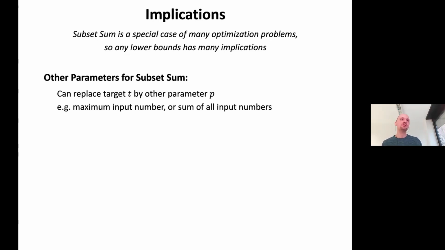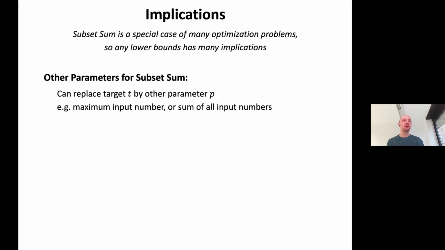For example, you can just look at other parameters for the subset sum problem. Other parameters that make sense are, for example, the maximum input number instead of the target number, or the sum of all input numbers. For many of these parameters, they are actually polynomially related to the target, right?